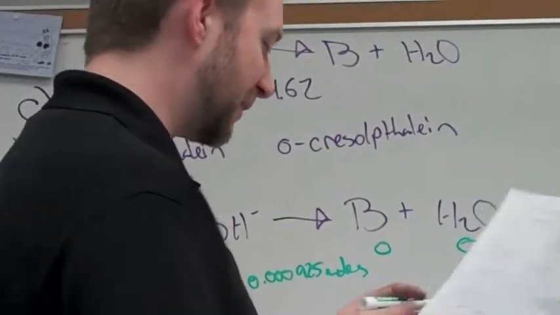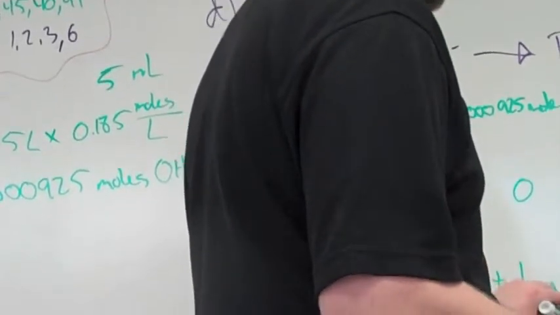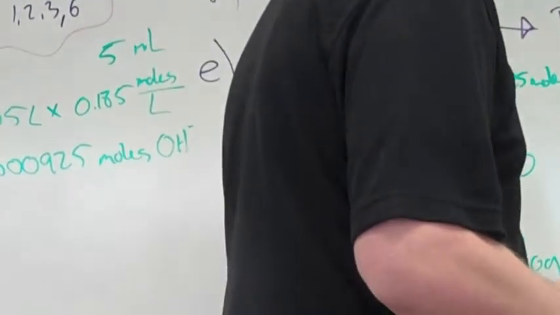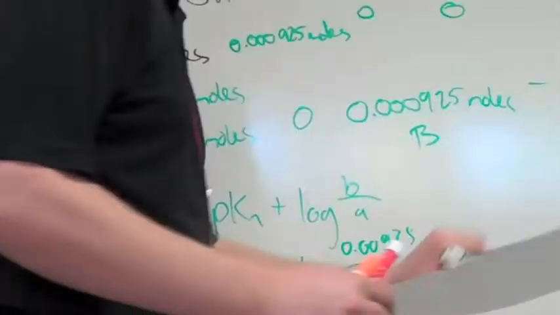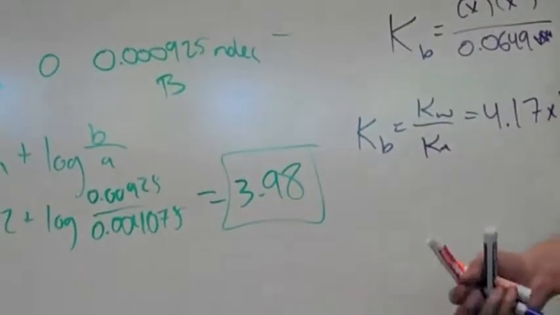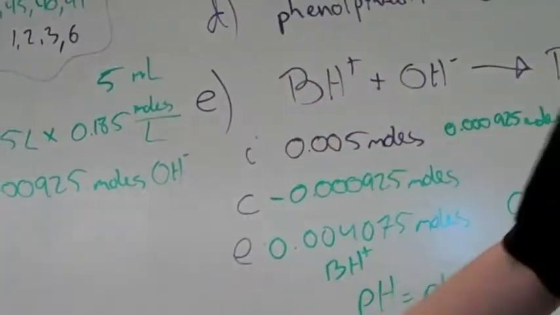The pKa for the acid, I did write it down, is 4.62, plus the log of the ratio of the base, 0.000925, over the acid, 0.004075. If you calculate that, you will see that gives you a pH of 3.98. The process is going to be similar whether you're adding 5 milliliters, 10 milliliters, 20 milliliters, etc.